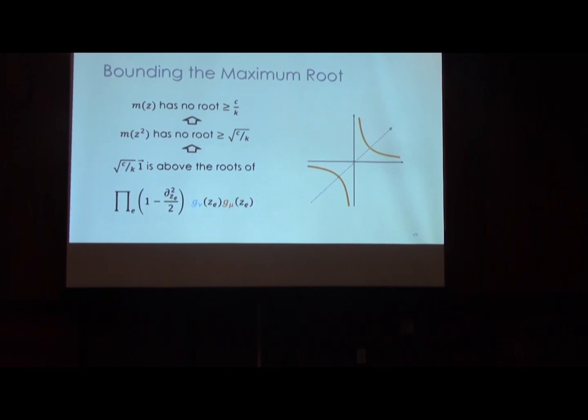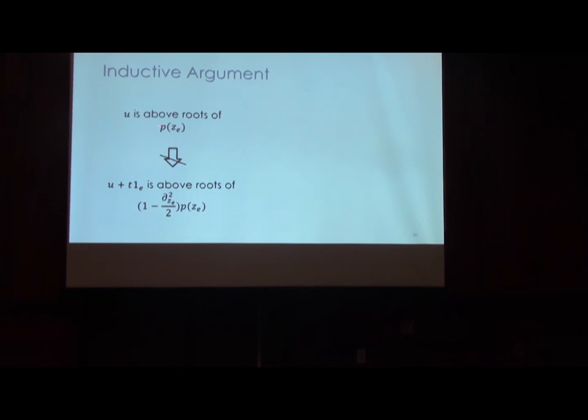So ideally, you want to prove such a statement, that if u is above the roots of some polynomial, and you apply one of these 1 minus partial squared operators, then you can move your point u a little bit, so that you still remain above the roots of this new polynomial.